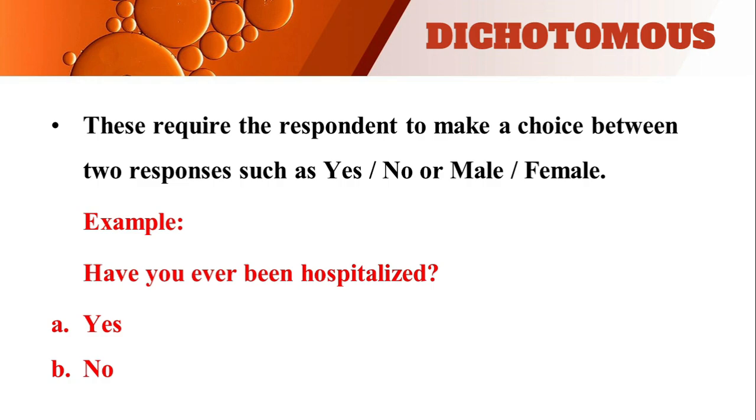When a question has only two possible answers, like yes or no or male or female, that kind of question is a dichotomous question.